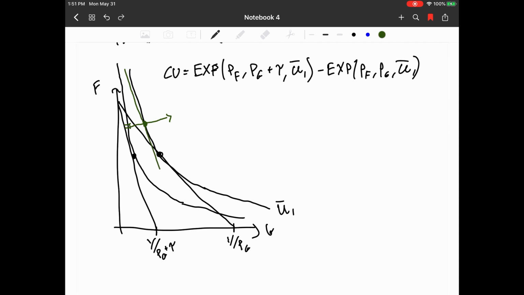So this is our new budget, with the expenditure defined here. So our compensating variation is just this difference here. It's defined by this difference. Okay.